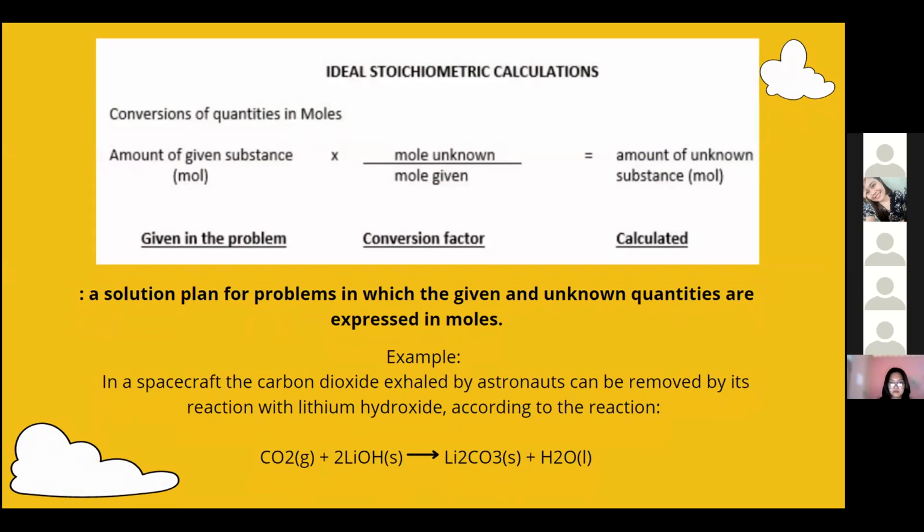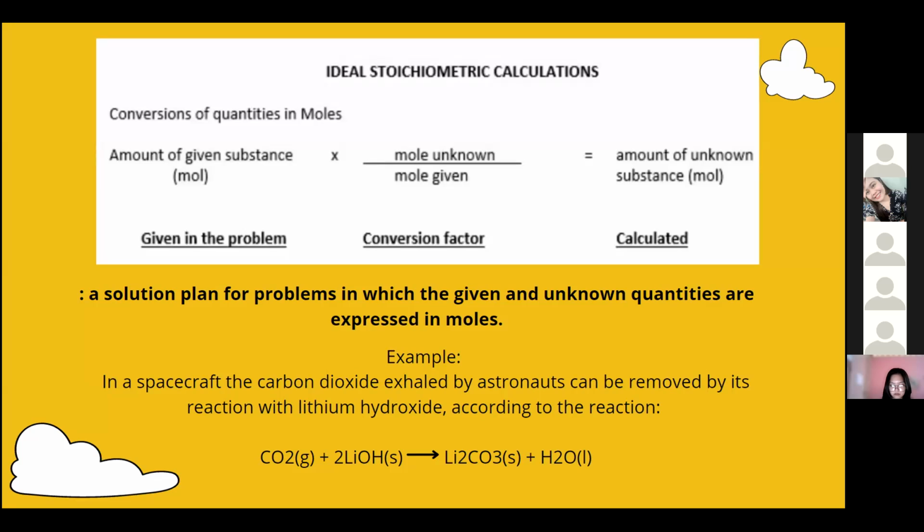So for the ideal stoichiometric calculation, it is a solution plan for problems in which the given and unknown quantities are expressed in moles. So as we can remember, we are taught of the patterns for solving stoichiometric, right? And one of those is included kapag moles yung given, then moles din yung ginahanap.